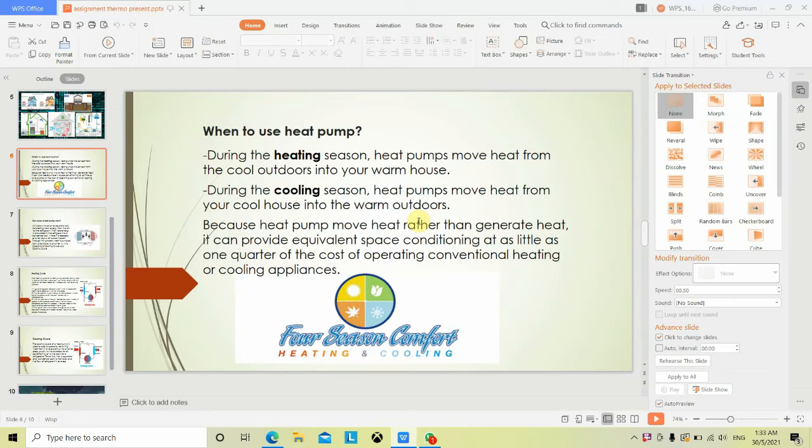Second, during the cooling season, heat pumps move heat from your cool house into the warm outdoors. Because heat pumps move heat rather than generate heat, they can provide equivalent space conditioning at as little as 1/4 of the cost of operating conventional heating or cooling appliances.